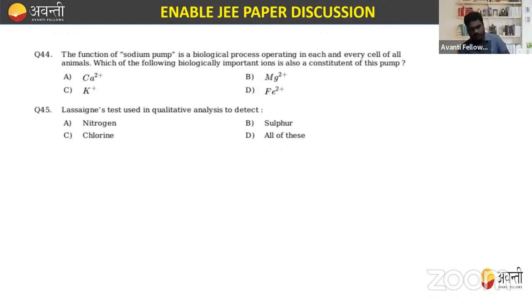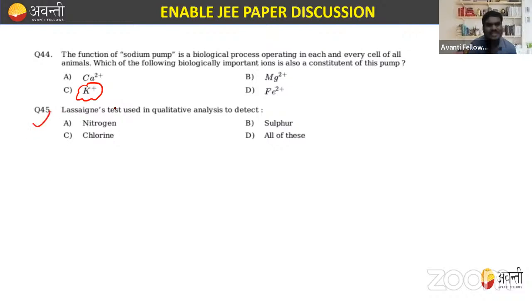K+ belongs to the first group, and potassium has minimum ionization energy. So the biologically important ion that is also a constituent of this pump is K+, that is potassium.